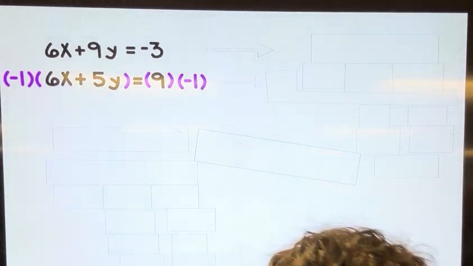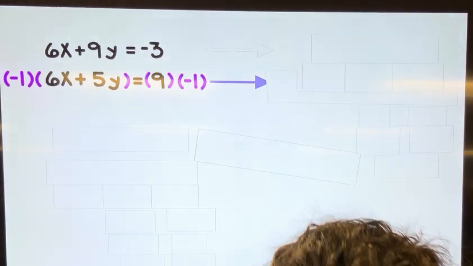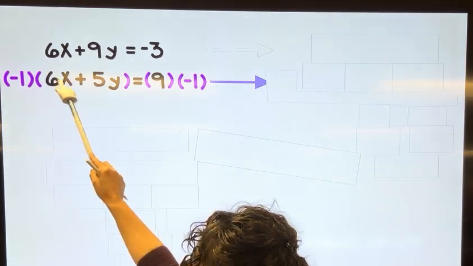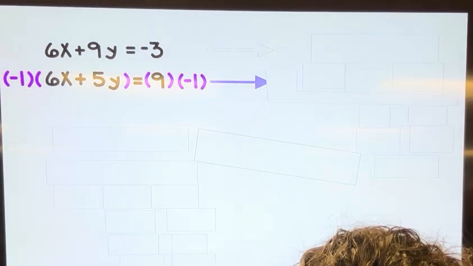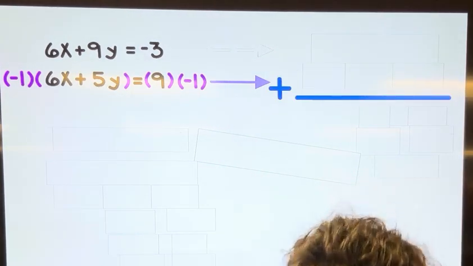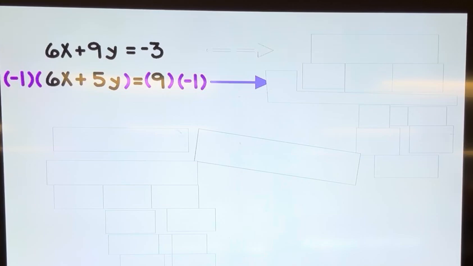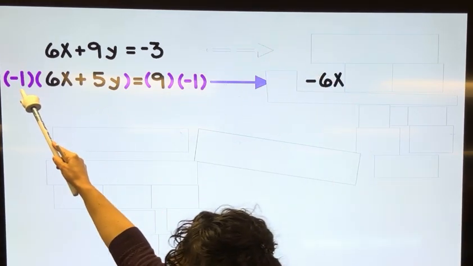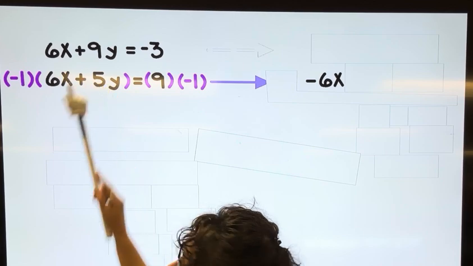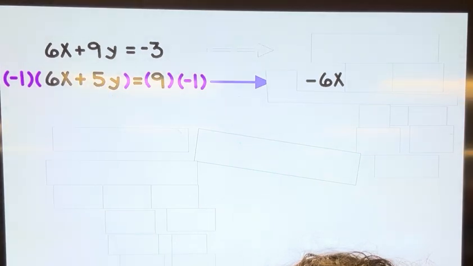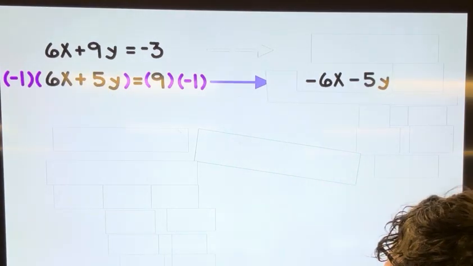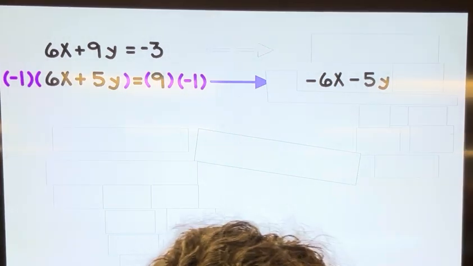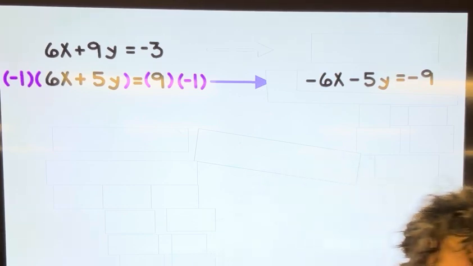So let's go ahead and come over to the side here for this one. -1 multiplied by 6x is negative 6x. -1 multiplied by 5y is negative 5y. -1 multiplied by 9 is negative 9.